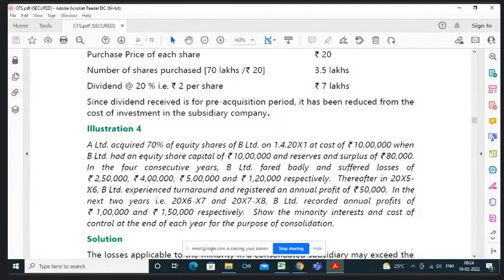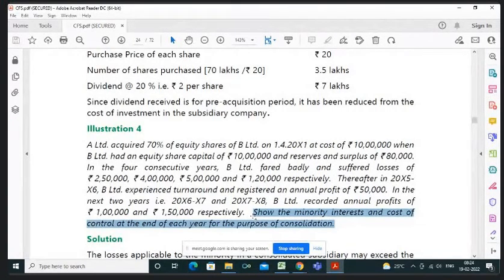Thereafter, in 2015-16, B Limited experienced a turnaround and registered an annual profit of 50,000. In the next 2 years, that is 2016-17 and 17-18, B Limited recorded annual profits of 1 lakh and 1,50,000 respectively. Show the minority interest and cost of control at the end of each year for the purpose of consolidation.